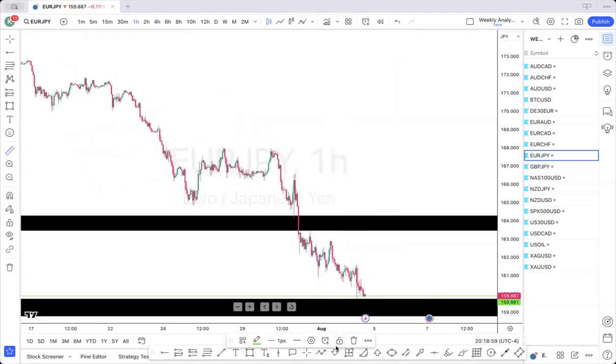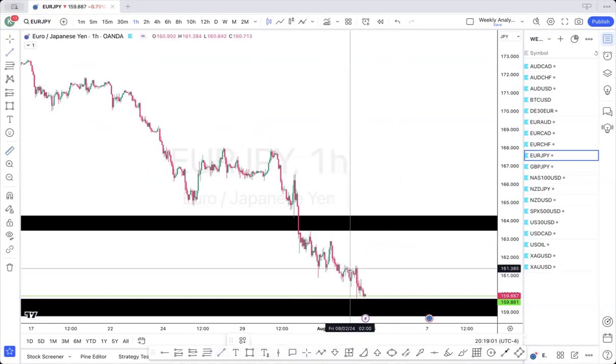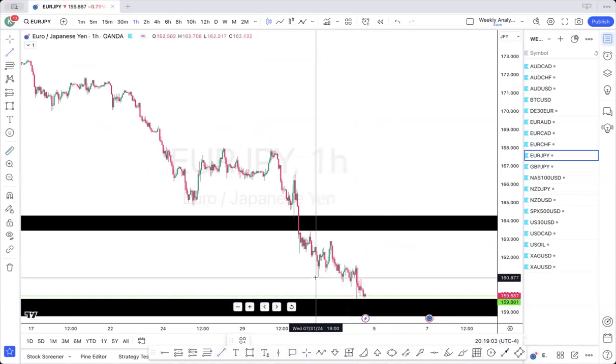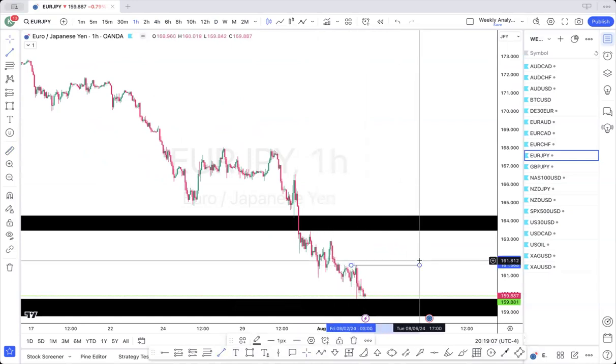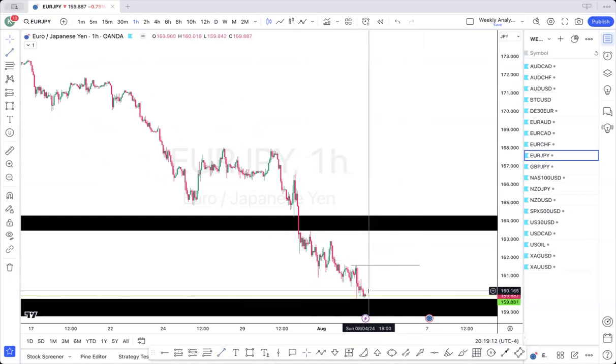And for me, it would be price broke here. And then price broke here. So I would look for the 1-hour swing high. Price may come down some more. If price closes below this low, right?